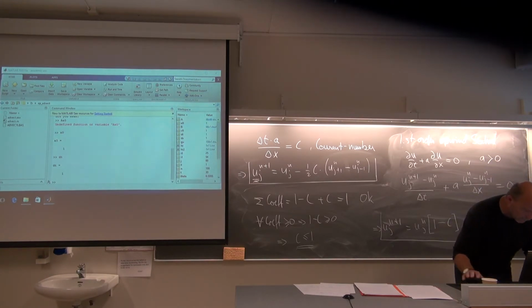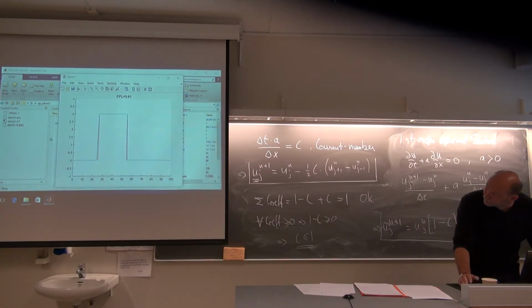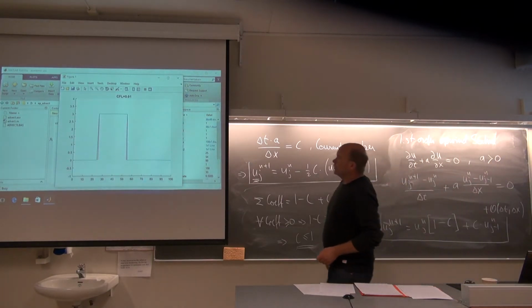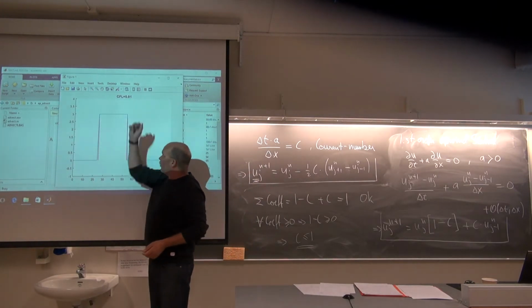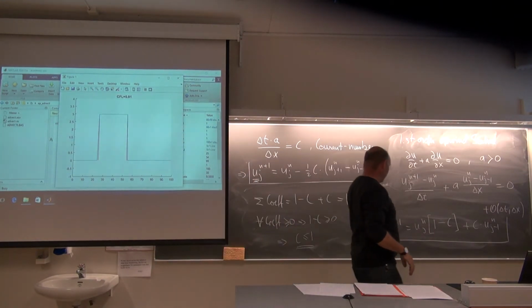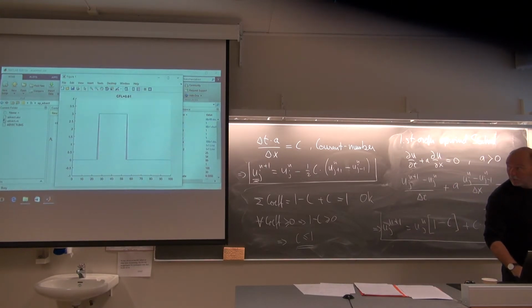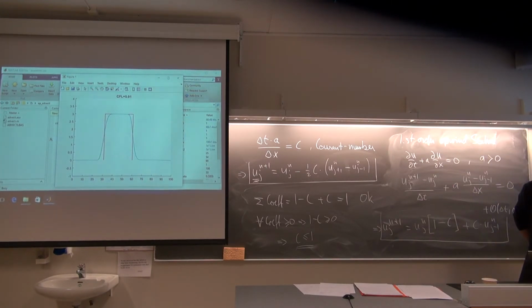Now let's see if this one works. First order upwind, and we can start with a delta T, say to be a small one. CFL is now 1 over 100, and now I have this method. And yes, it is stable. But we pay a price.